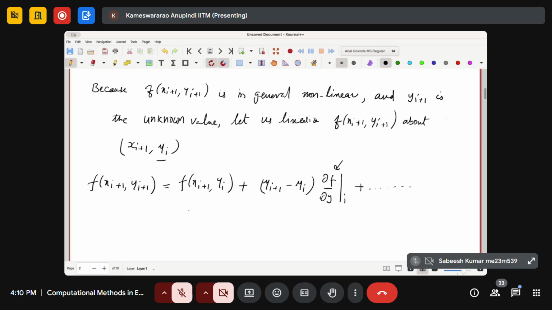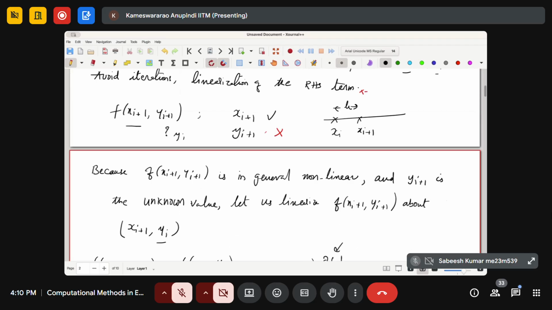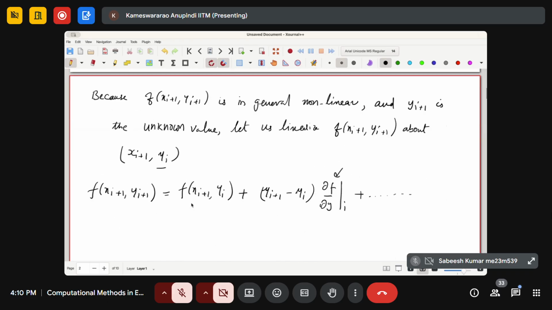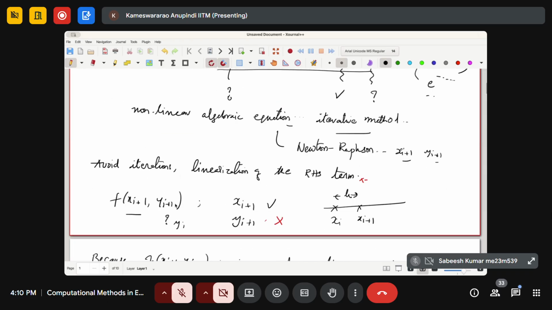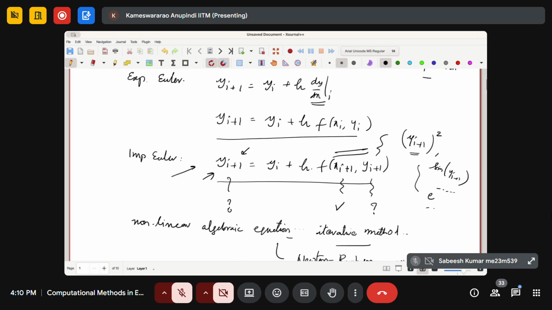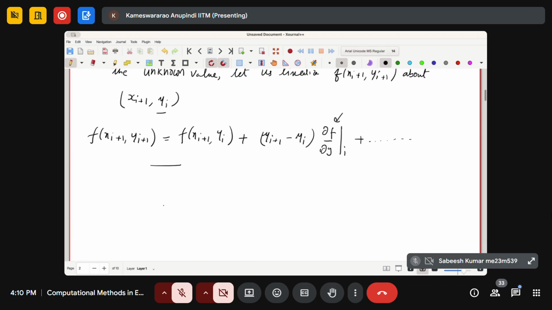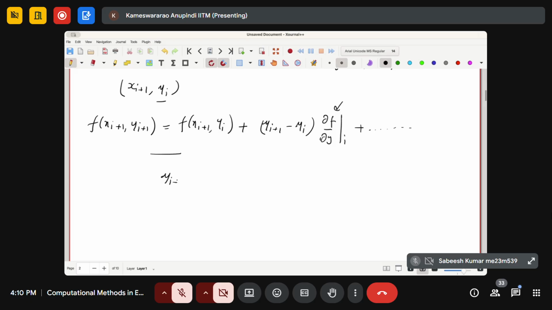This can be calculated. So if this is the case, we can go back and substitute this expression into the implicit Euler expression, which I'm going to repeat here. The implicit Euler is y_{i+1} equals y_i plus h times f of x_{i+1}, y_{i+1}.